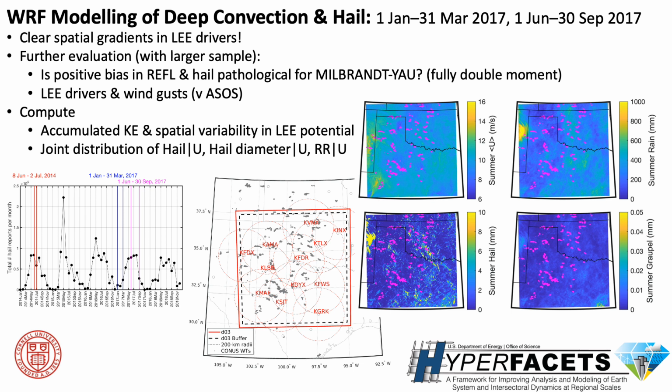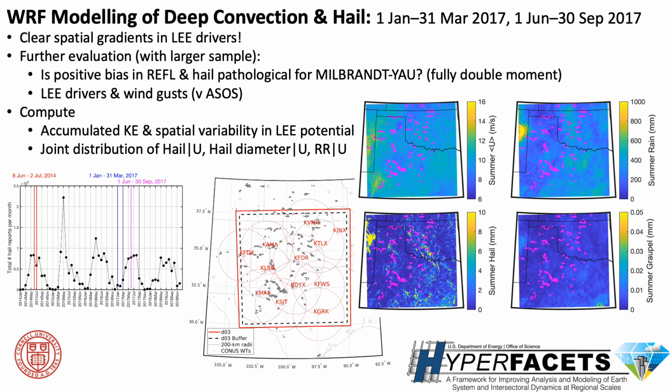On the right hand side here we have 3 panels that just show the mean wind speed during the summer months at wind turbine hub height, the accumulated rainfall during those 4 months, accumulated hail, and then the accumulated graupel. The magenta dots here are wind turbines.